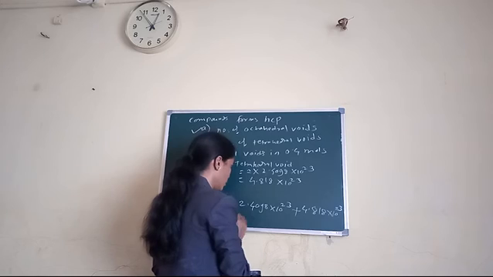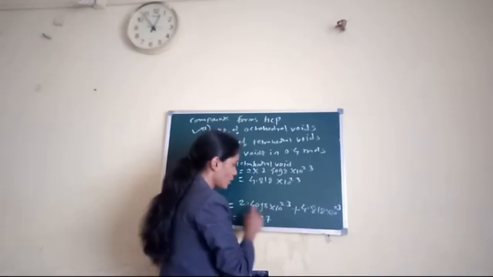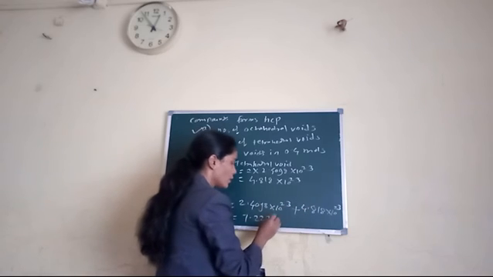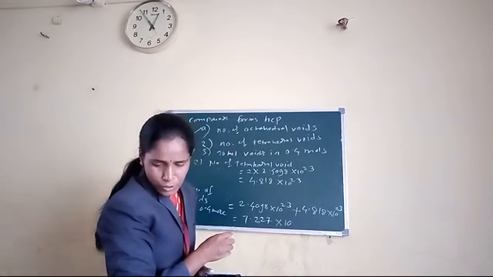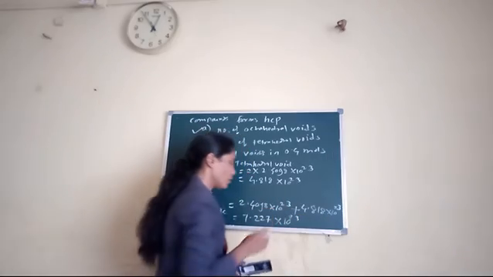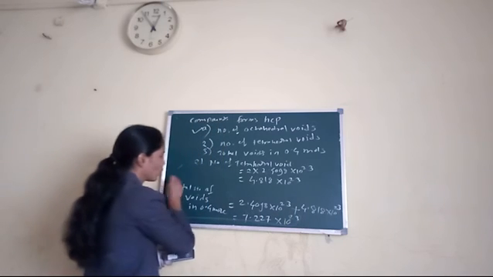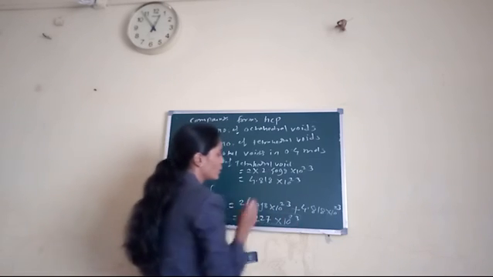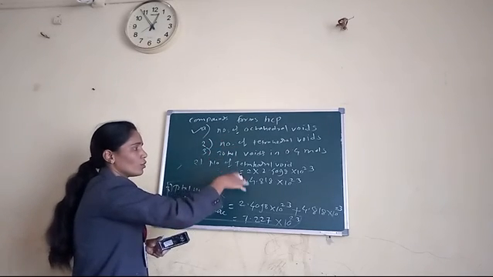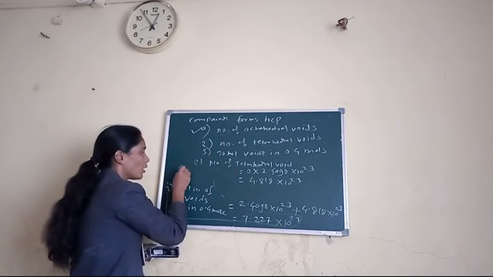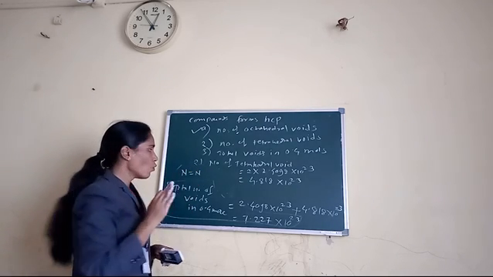Therefore, the addition of these gives 7.227 into 10 raised to 23. This is the final answer for the total number of voids in 0.4 mole.